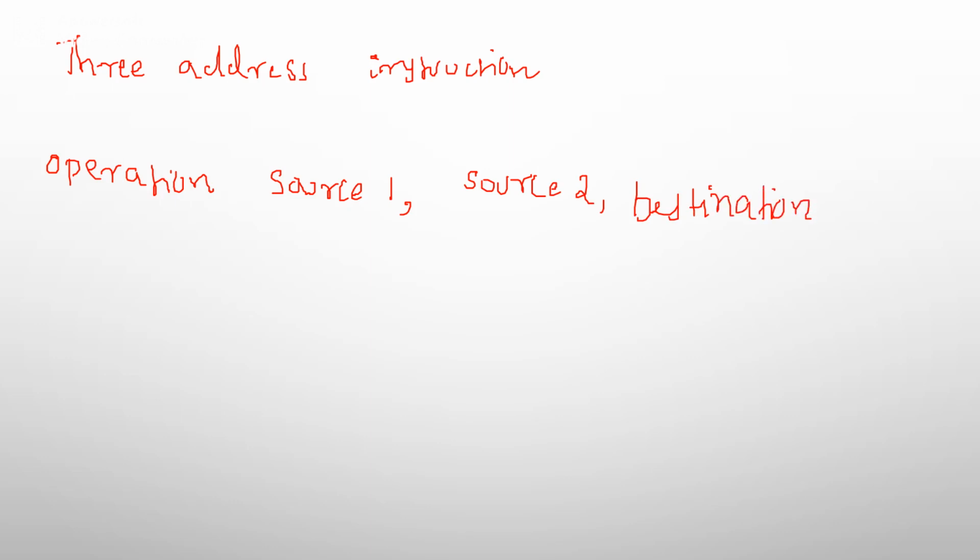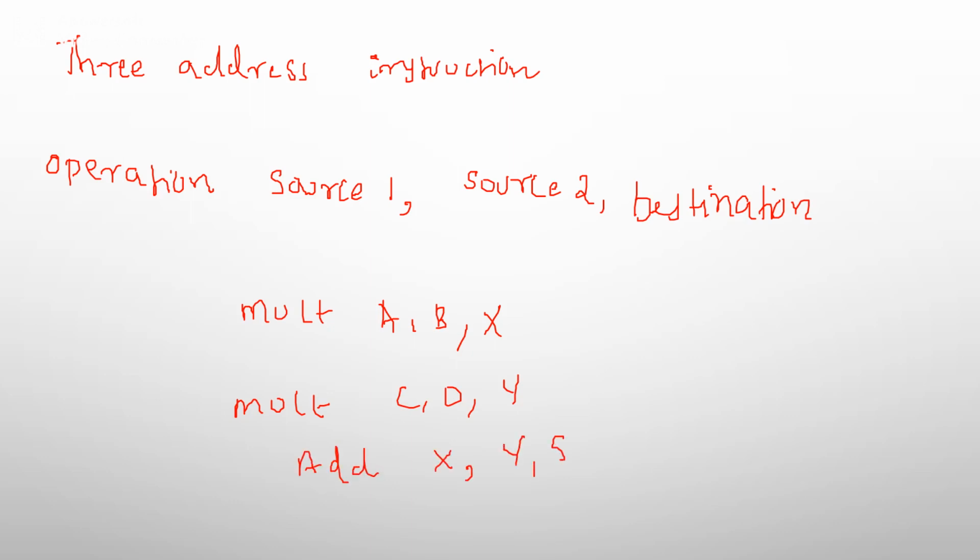So we can write the code for a star b plus c star d like: mult a comma b and store it in a new register x, mult c comma d and store it in one more register y, and add x comma y comma s.